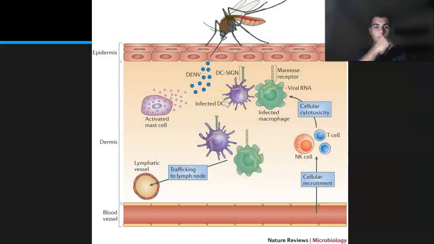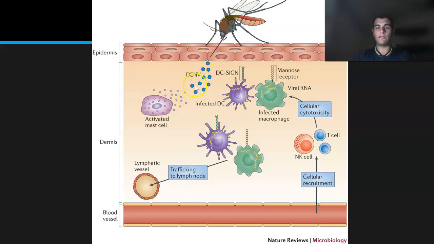As you can see in this picture right here, it shows a diagram of a bit of the pathophysiology that we see with an infection of dengue virus. Whenever the mosquito infects, it does so by injecting itself into the epidermis, targeting those keratinocytes in the epidermal layer. That injects the DNV virus into the dermal layer, first targeting those dendritic cells and macrophages with the viral DNA in it.